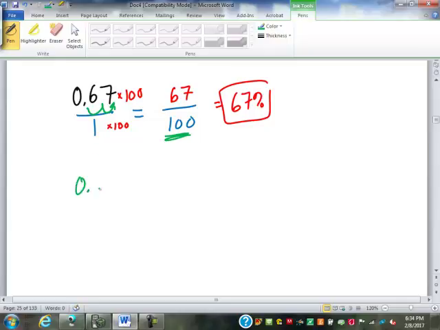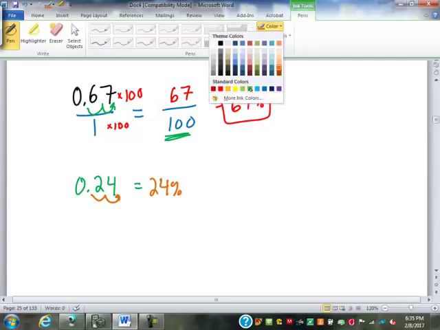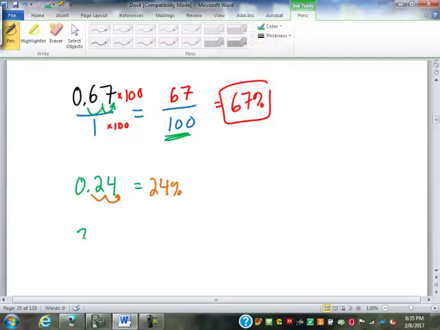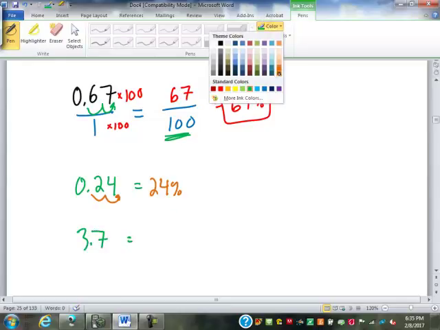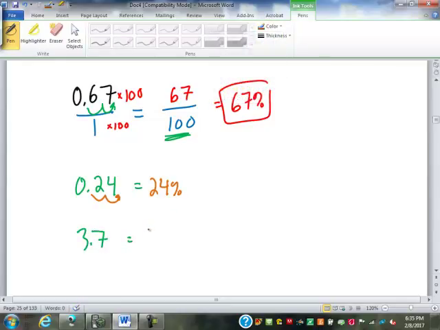So if we have 0.24, what's that going to become as a percent? 24%. Multiplying by 100 and moving the decimal 2 spots to the right. If I have 3.7, what's that going to become as a percent? 370. Very good.